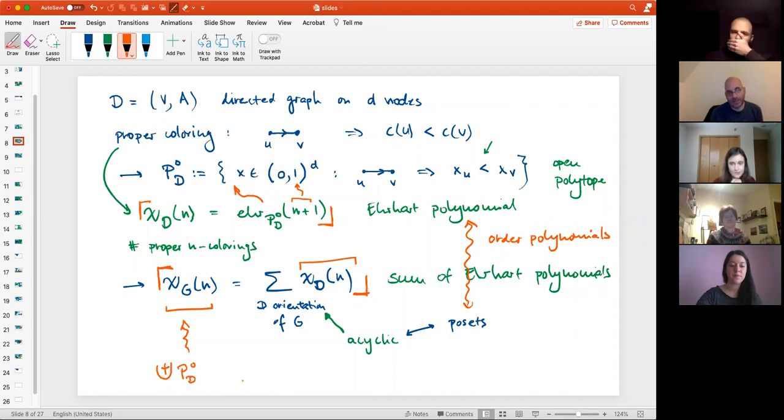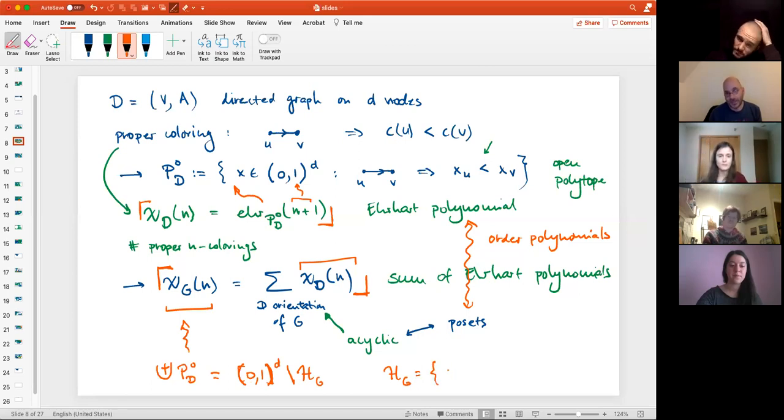And in fact, I can tell you where this comes from. So I claim what you want to do is you want to take the unit cube. Sorry, we have to go into the interior of the unit cube. And take away what's called the graphic arrangement. So every graph comes with a sub-arrangement of the real braid arrangement.